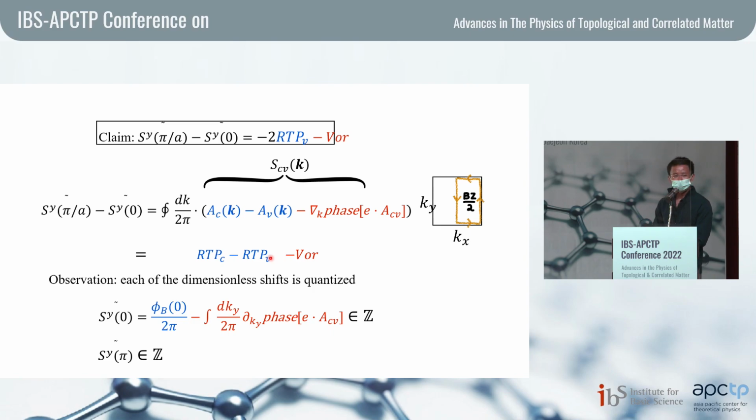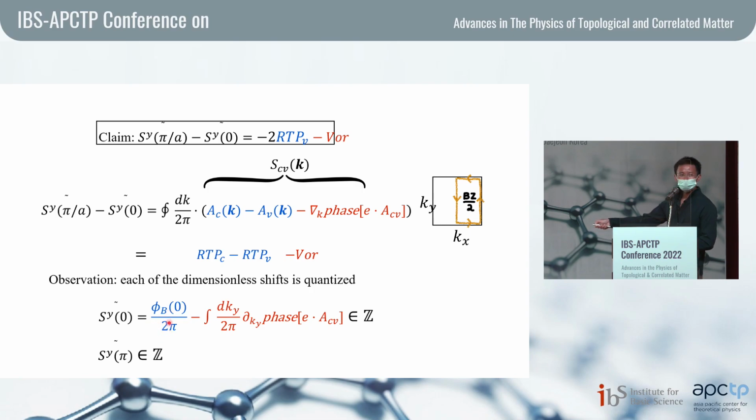Okay, so that proves the claim, but here's a further observation that will also be useful. Actually, each of these dimensionless shifts is quantized to an integer. Don't forget there's a tilde here. The dimensionless shift at kx equals 0 is simply the Bravais phase at 0.